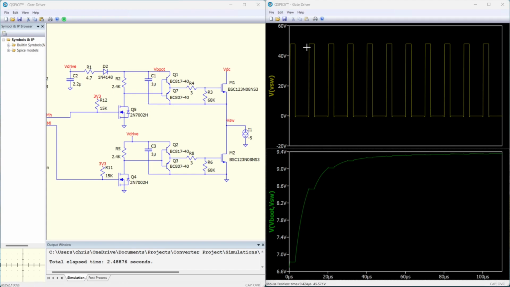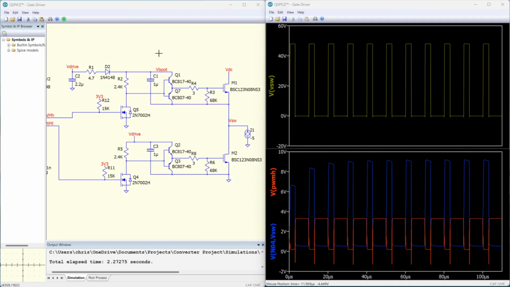And during the on period of the high-side MOSFET, the bootstrap capacitor is discharged slightly. It is charged every cycle until a steady state is reached, and then it's only slightly recharged during the on period of the low-side MOSFET and discharged during the on period of the high-side MOSFET.